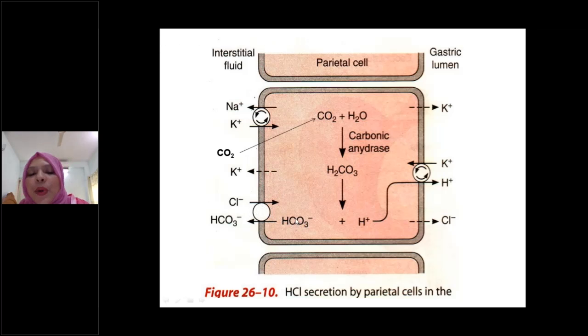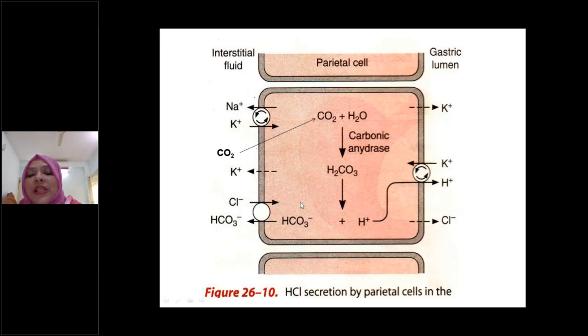That is, this bicarbonate which is produced within the parietal cell goes towards the interstitial fluid in exchange of chloride ion, that is antiport or counter transport mechanism. That is one kind of secondary active transport. The energy for this secondary active transport comes from the primary active transport, that is from the sodium potassium pump. Now what about the chloride that enters into the parietal cell?